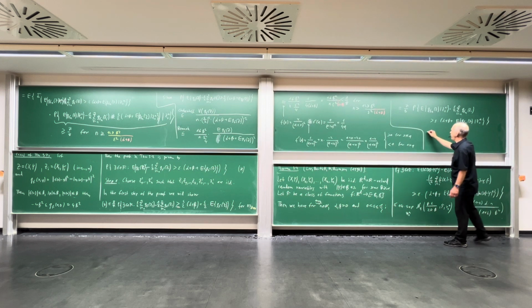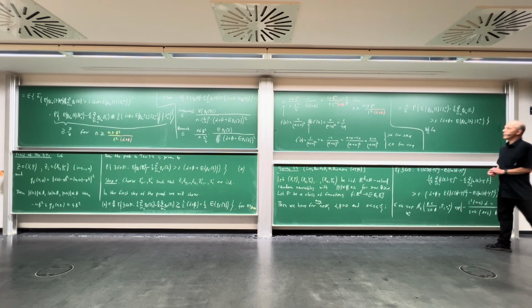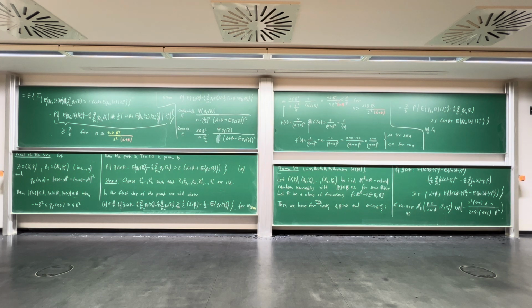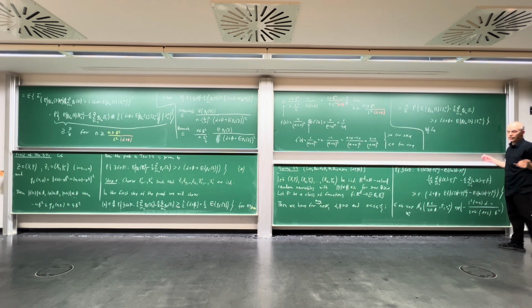And by definition of Fn, we have chosen Fn such that if there exists a function where this is satisfied, then it is this function, otherwise it's an arbitrary function.